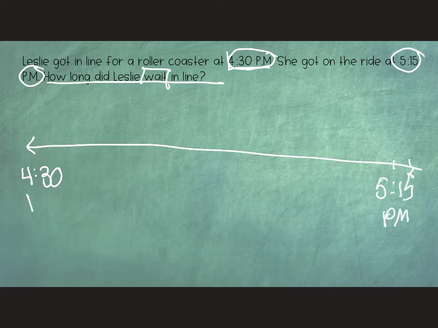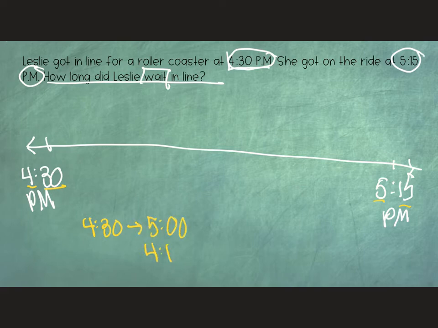So again, my hours changed and my minutes changed. So I'm first going to worry about my hours. I'm trying to get my 4:30 to 5 o'clock. So we have 4:30. I want to make it to 5 o'clock. Or we can think 4:60, right? Because there's 60 minutes in an hour. So I add 30 minutes.